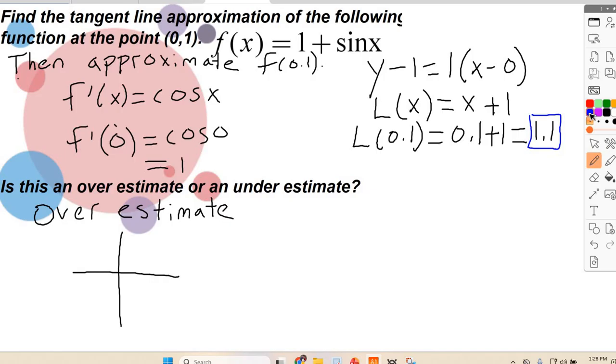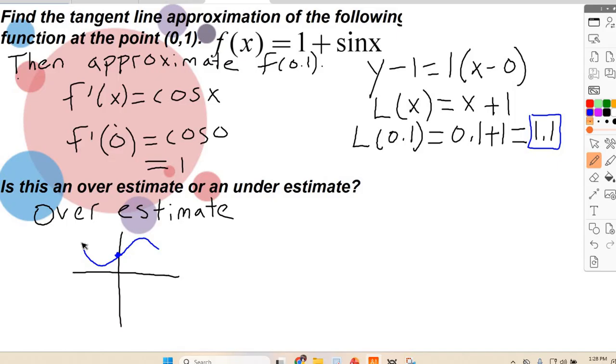Usually sine of x is crossing the origin because its sine is 0 at 0. Agreed. And it's actually going up, not down. But what else has happened in our original function? There's a plus 1. So that means that everything has been shifted up 1, right? So it is still going to be increasing, right? And then somewhere over here, and then down here it's decreasing, and so forth. Are we okay with that?